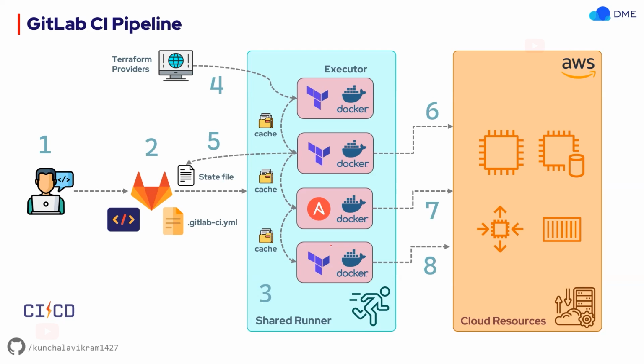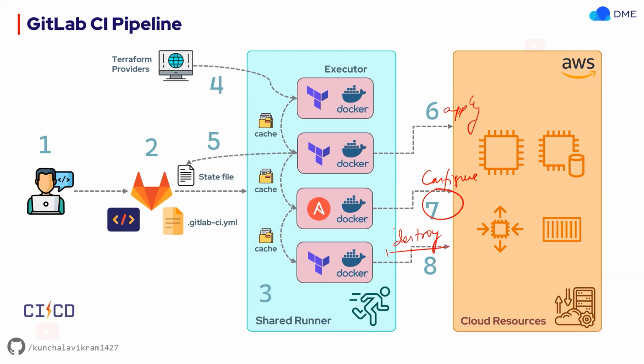And after that apply, we will use another container that will have the Ansible playbook binary, which will actually configure the instances. So we have one container that does the apply, another that configures our instances, and another job that is the destroy job.